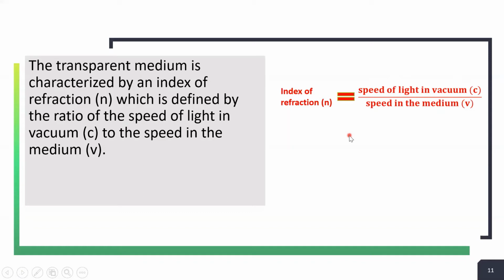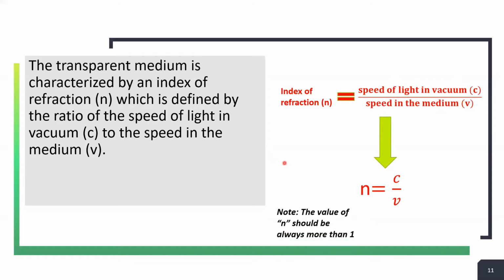This is our formula: N equals C over V. Note that the value of N should always be more than 1.